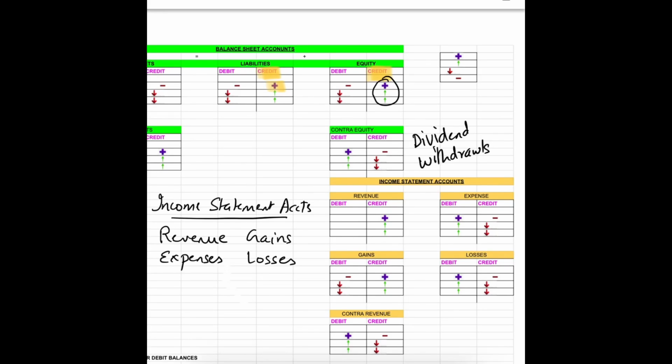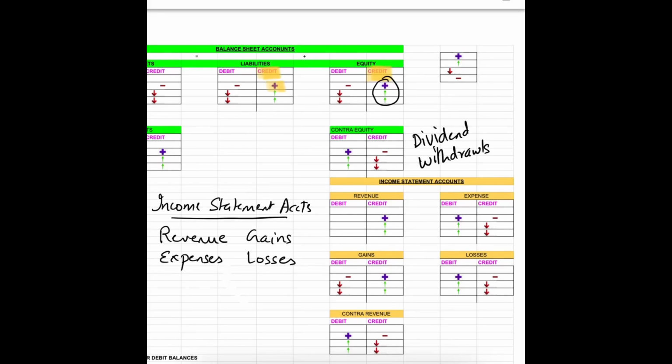These are the income statement accounts. Now ask yourself this question: which balance sheet account is affected by revenues, expenses, gains, and losses? Where does all the information from the income statement flow to in the balance sheet? The answer is stockholder equity.